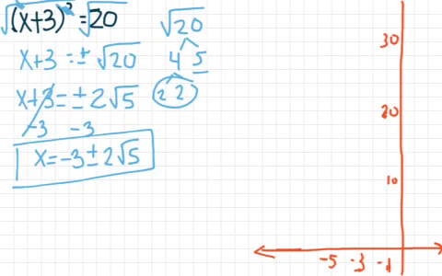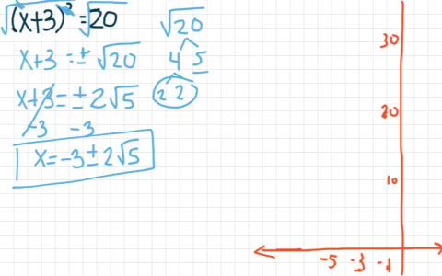Now for the decimal approximation, you can go to the Desmos calculator. Remember, I put a link to the app for the Desmos calculator. You can type that straight in, or you can type into your scientific calculator. So you'll do negative 3 plus 2 square roots of 5 to get one answer. You'll do negative 3 minus 2 square roots of 5 to get the other answer.